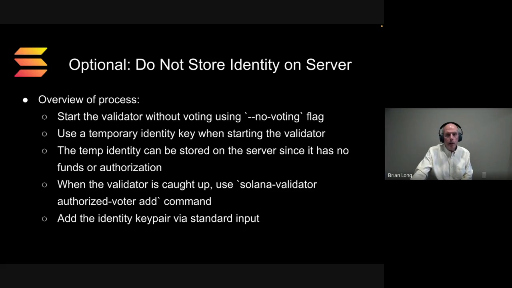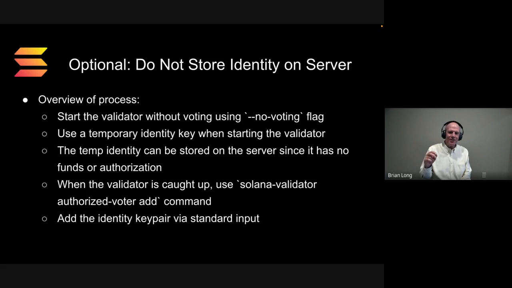Tim, the thing that we do is we start up in voting mode, but both the validator ID and the vote account ID are dummies. And so what it means is that there's no SOL in the ID wallet, so it can't actually vote.